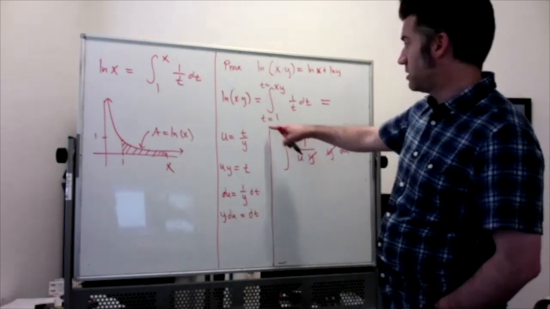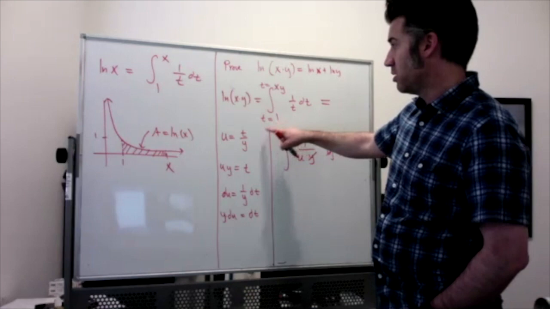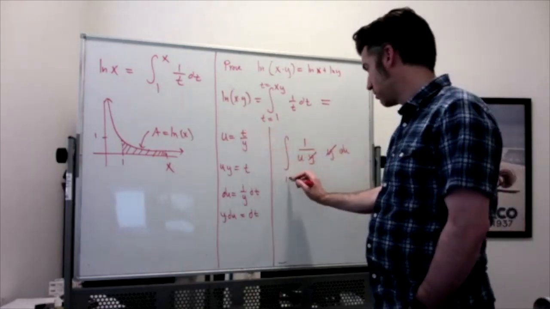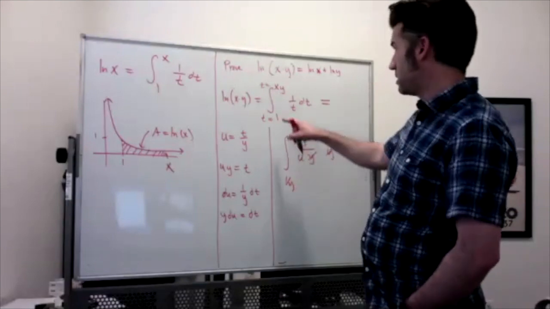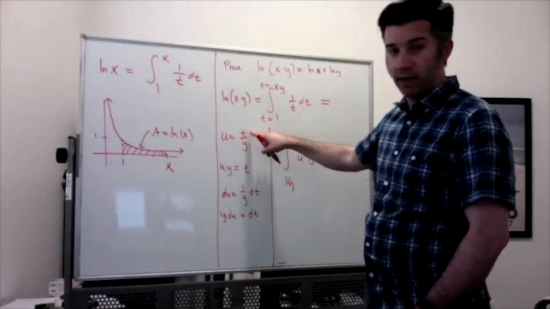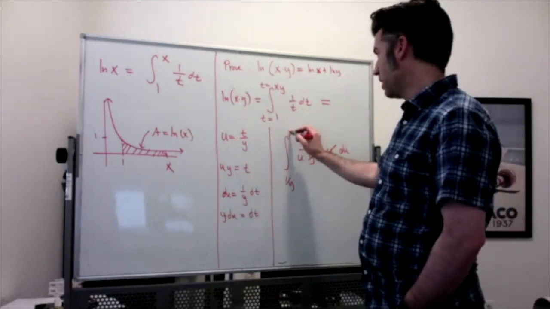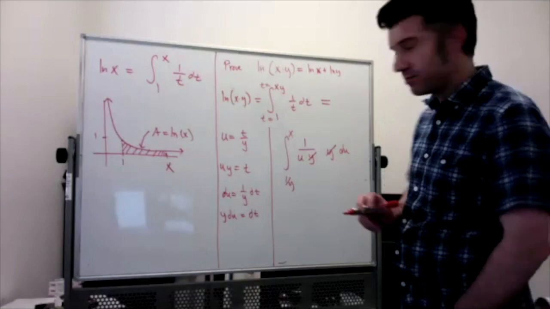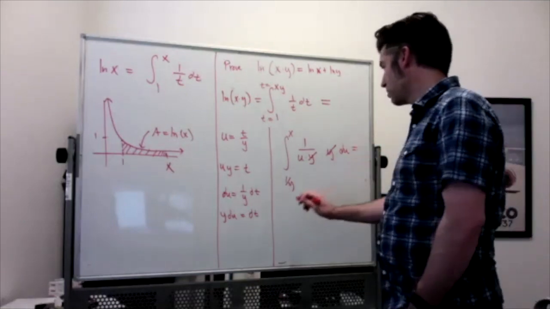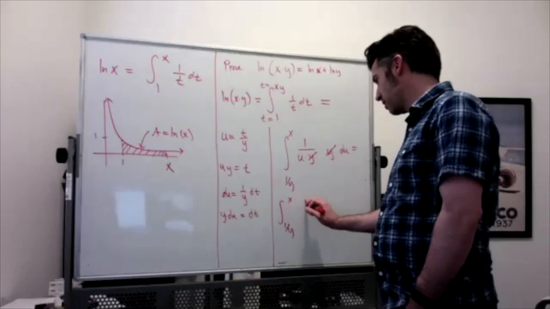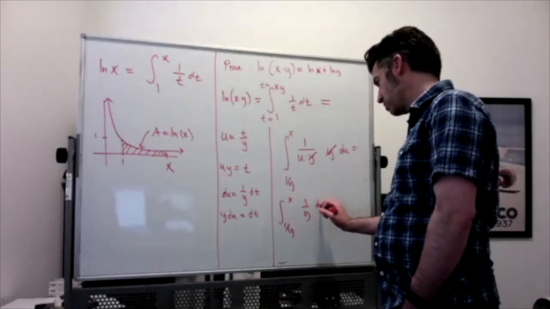And now if t equals 1, u is going to equal 1 over y. And if t equals xy, u is going to equal xy divided by y, which is x. This is kind of sneaky. So then we have the integral from 1 over y to x of 1 over u du.